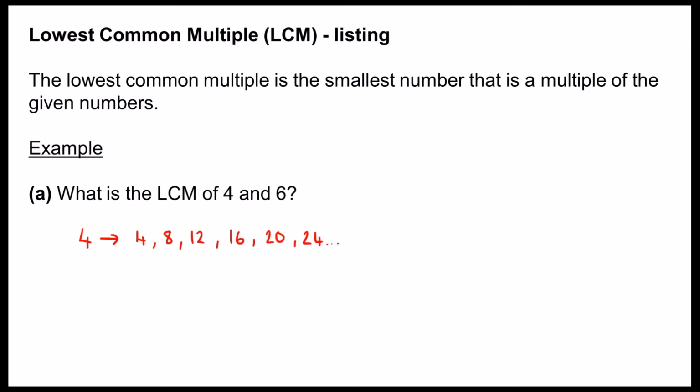I know that the multiples of 6 go 6, 12, 18, 24, 30 and 36, and they also carry on. To find the lowest common multiple, I need to look at both of the lists and find the smallest number that appears in both of them. In this particular question, that number is 12.